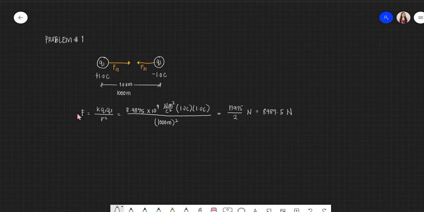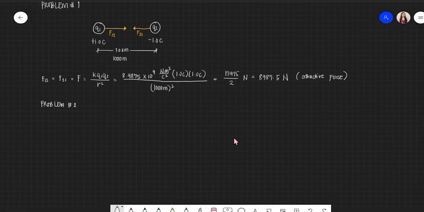This is the force exerted by 2 on 1, and which is equal to the force exerted by 1 on 2. And this is an attractive force. Let's proceed to problem number 2.